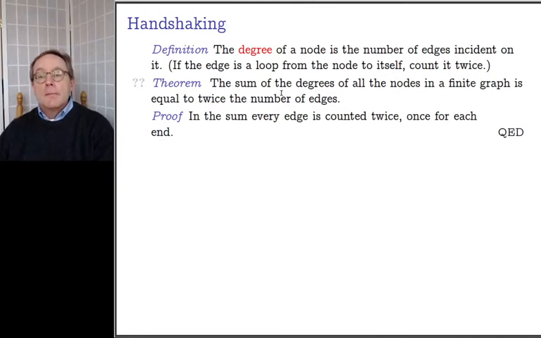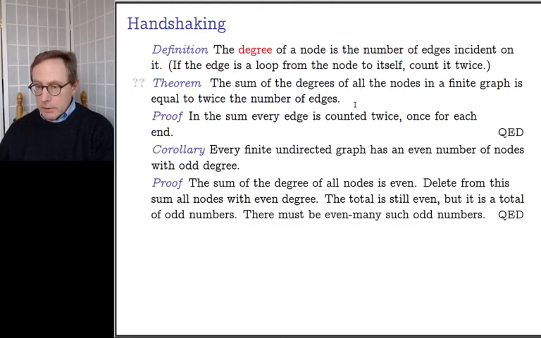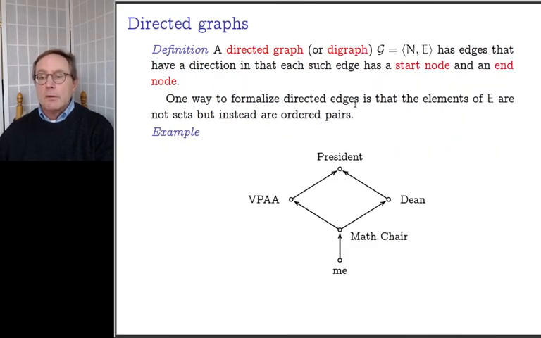So the sum of the degrees of all the nodes is equal to twice the number of edges. Let's have a look. There are 1, 2, 3, 4, 5 edges. This node has degree 1, so that's 1 so far.